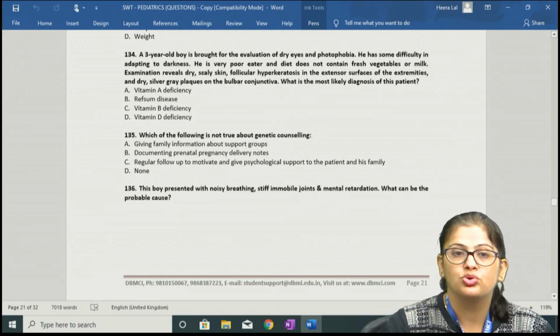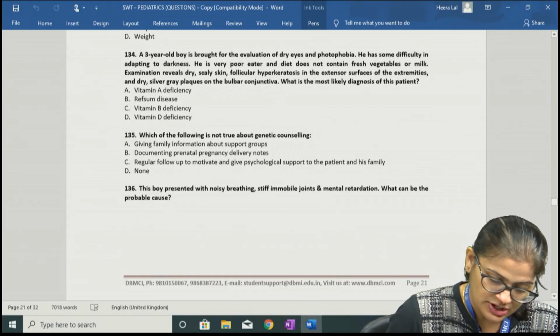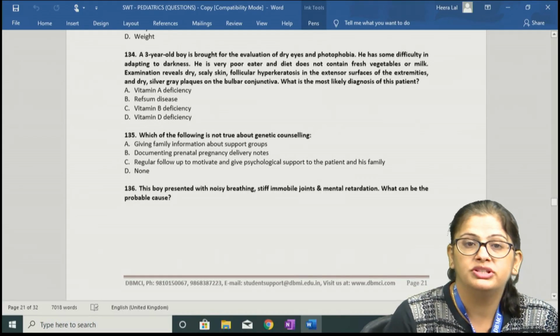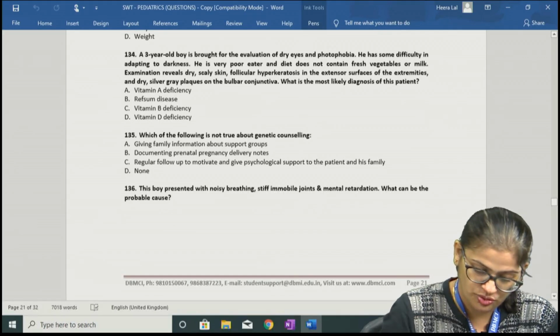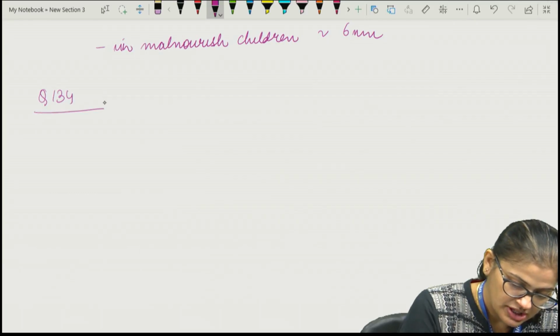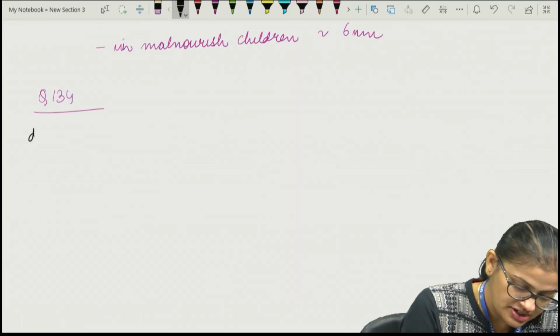So next we come on to question number 134, and question number 134 was, a 3-year-old boy is brought for the evaluation of dry eyes and photophobia. So question number 134, the clues I will start writing: dry eyes and photophobia.